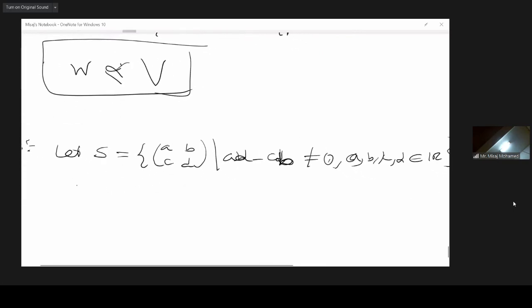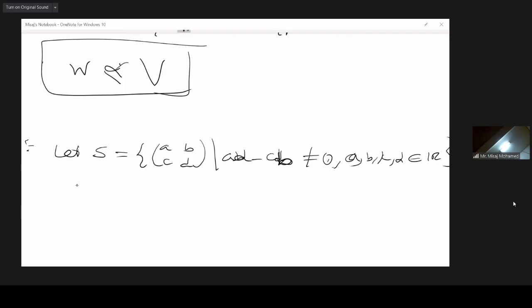So this is the set of all 2 by 2 invertible matrices, whose determinant is non-zero. Is this a vector space? I think I have given this to prove.